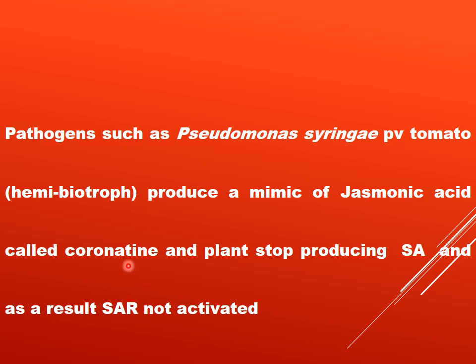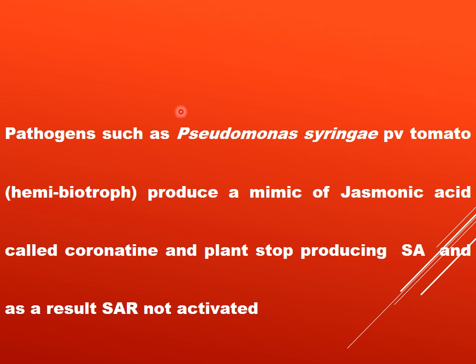So when the plant stops producing salicylic acid, it means SAR is not activated. And when SAR is not activated, the plant is susceptible to disease. So you can acknowledge the cleverness of the plant pathogen Pseudomonas syringae, how it confused the plant, and as a result of that, it is able to cause disease in the plant.